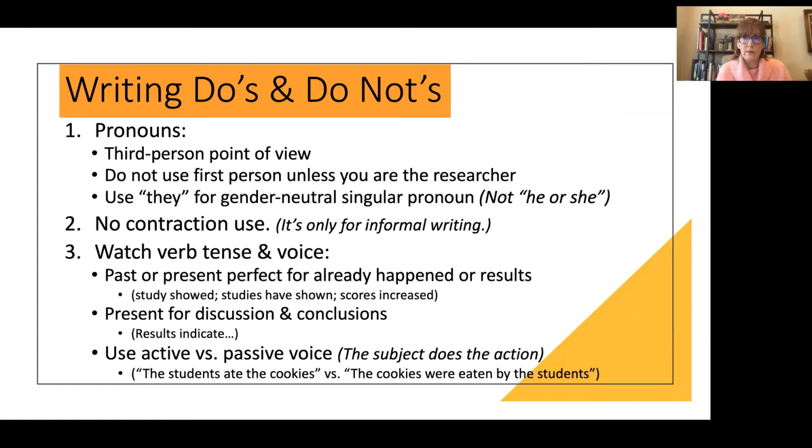If you are referencing Nestle and Keebler found, or Nestle and Keebler showed, you want to make sure that you're using the past tense. Or the other example, studies have shown, scores increased. That would be the example of the past or the present perfect tenses.